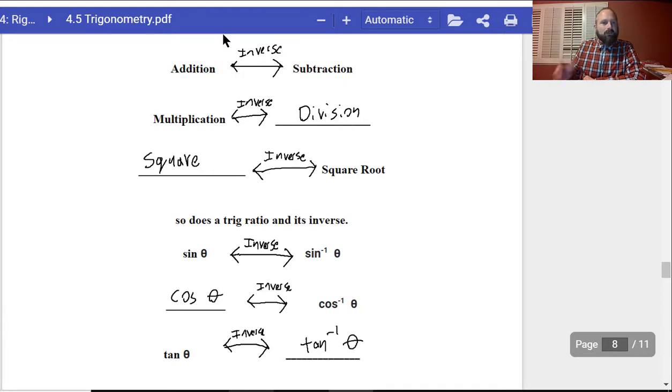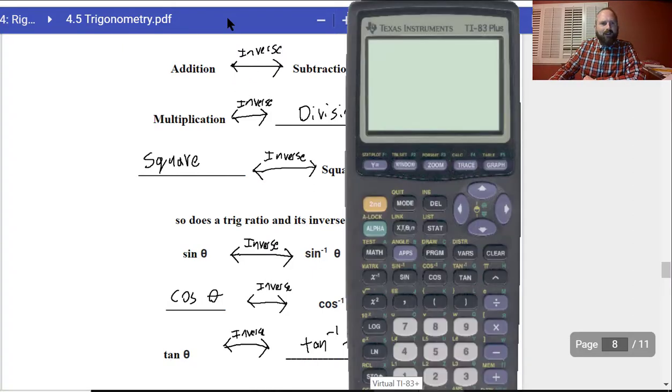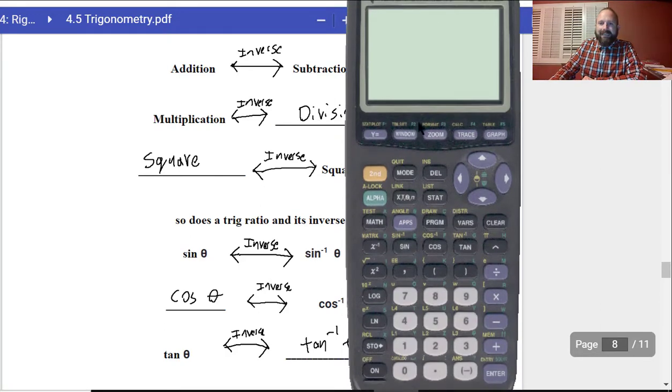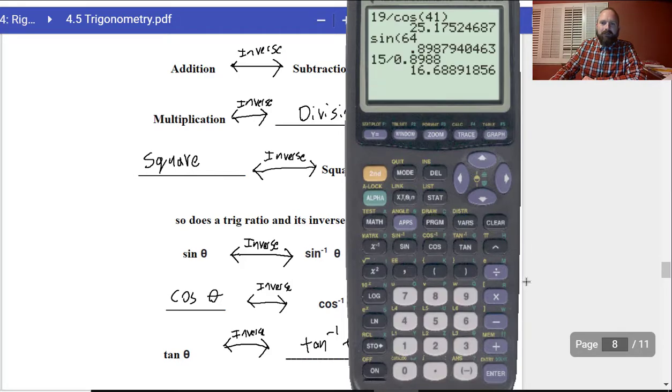Well, let's get our handy-dandy calculator and find them. All right, guys, we got our calculator right here, and if you look at it, we see the sine, the cosine, and tangent. In order to get the inverses of them, it's in yellow, so we push the yellow, and then we push sine.